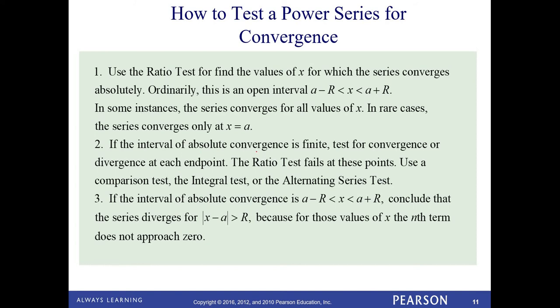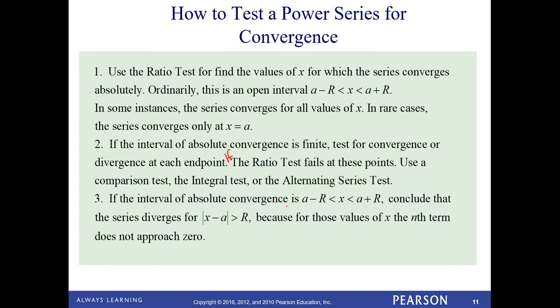If the interval of absolute convergence is finite, test for convergence or divergence at each endpoint. We have not paid much attention to endpoints before. We are now going to. The ratio test fails at these points. That should say if. Use a comparison test, the integral test, or the alternating series test.